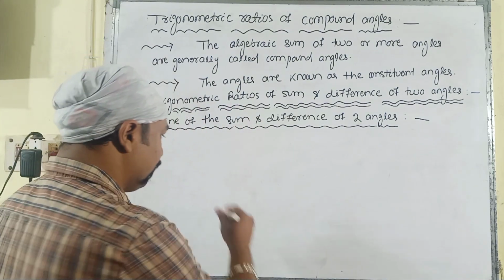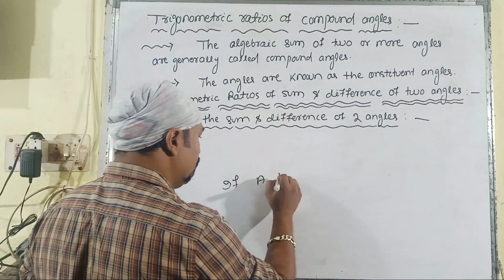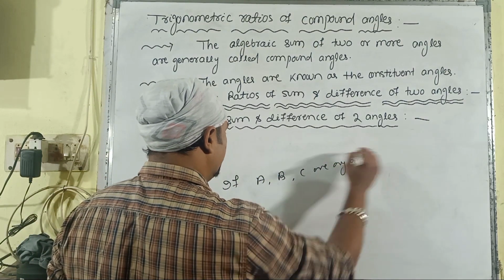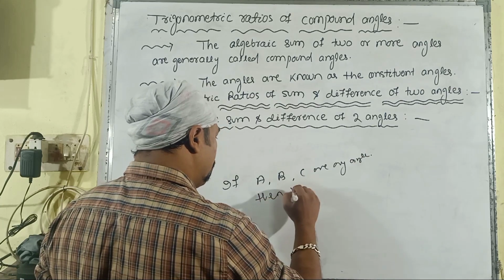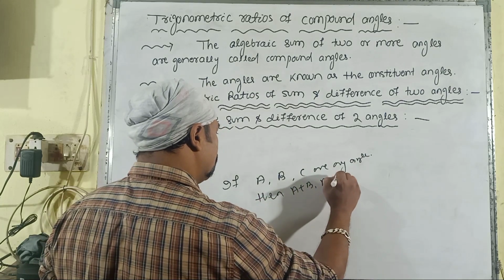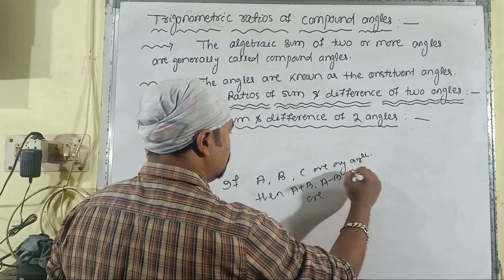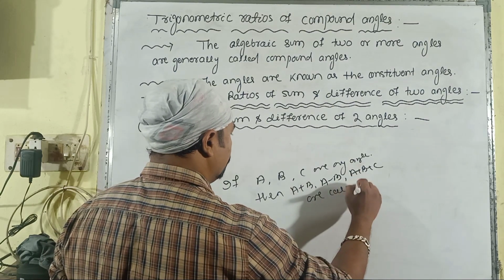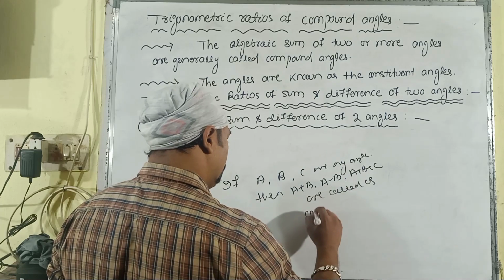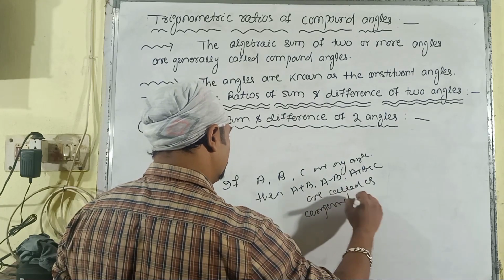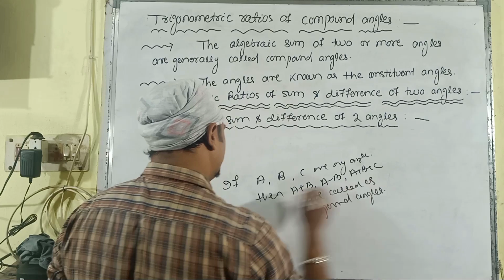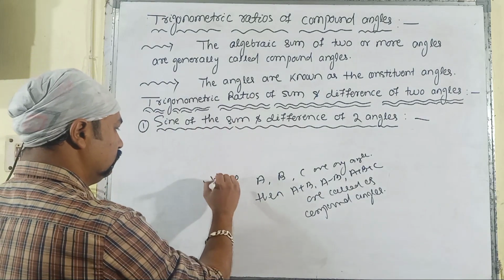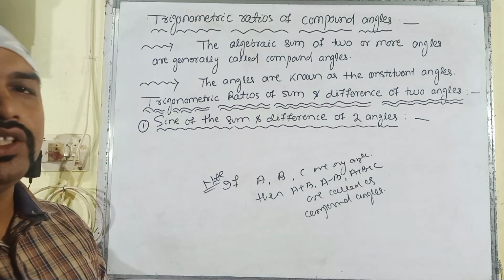If A, B, C are any angles, then A plus B, A minus B, or A plus B plus C are called compound angles.